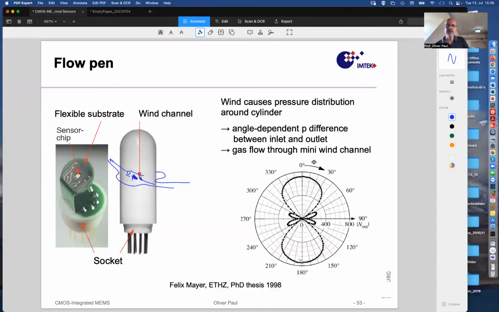Let me say this is a positive signal. It says absolute value of V out, so this is now positive. This is really the wind blowing right into the channel, and this is the wind direction, V.